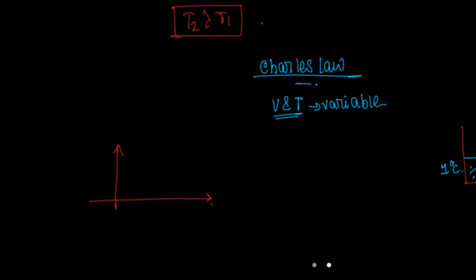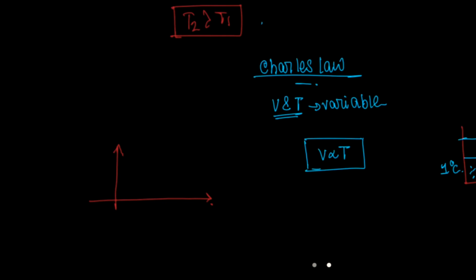So when I increased the temperature, the new volume changed. That's why we can say the volume is proportional to temperature. When you increase the temperature, the volume increases. That's right. But by how much? That was also worked out by Charles.